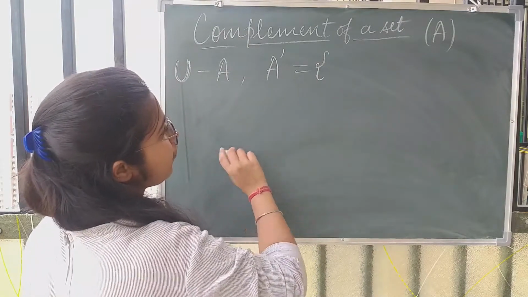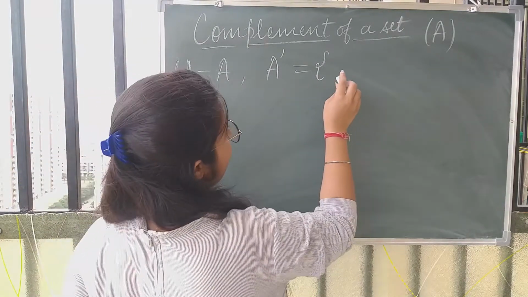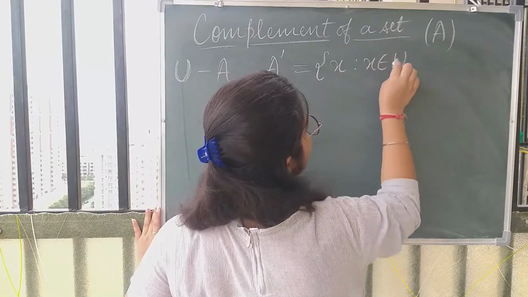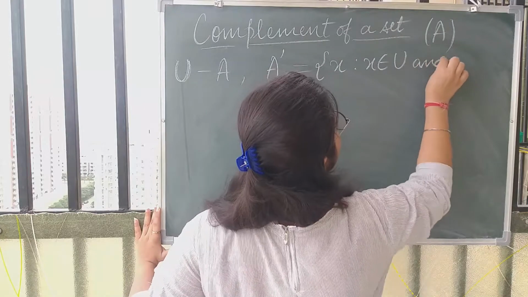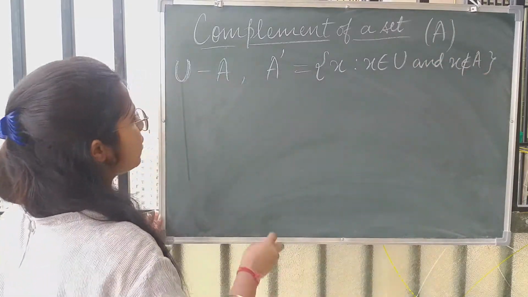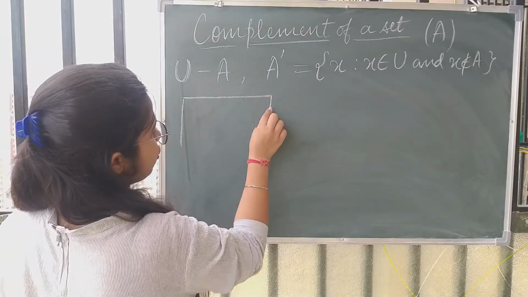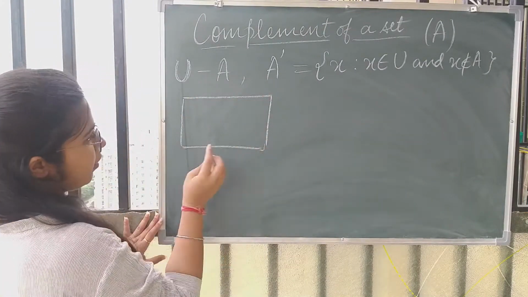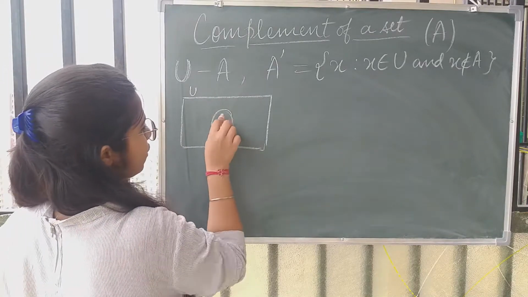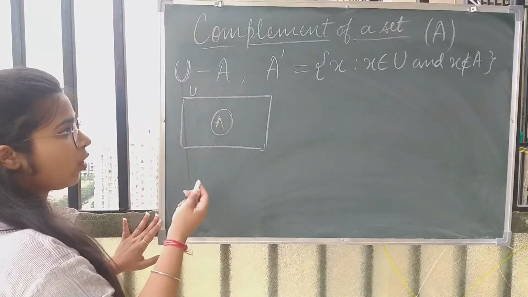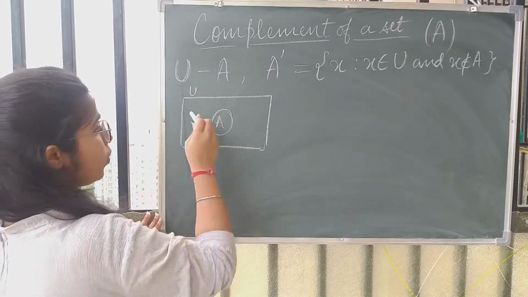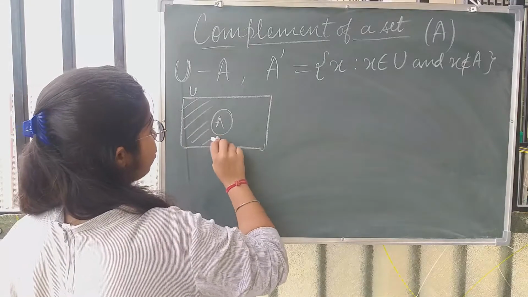So A complement can be written as the elements x such that x belongs to U and x does not belong to A. That means if I show this with the help of a Venn diagram, suppose this is the universal set U and this is your set A. So A complement will be all the elements of U that are not in A. So I can shade this portion.